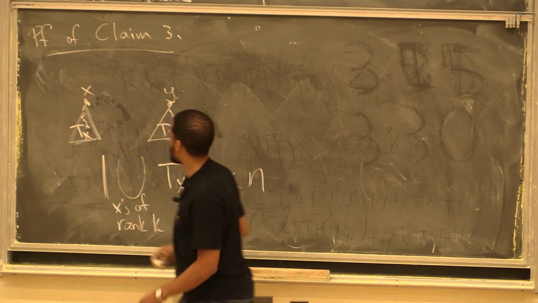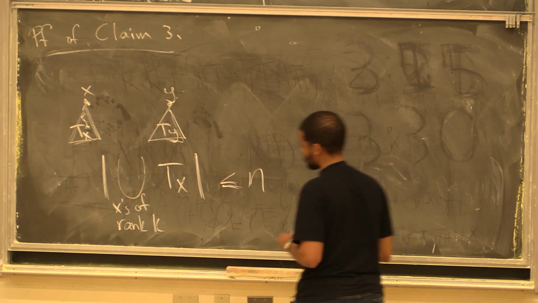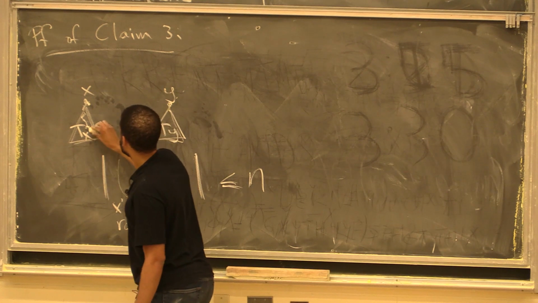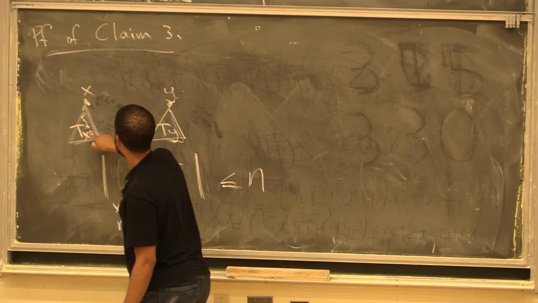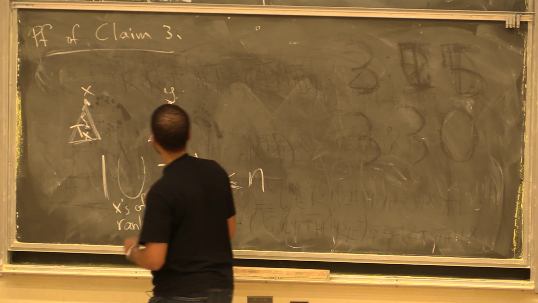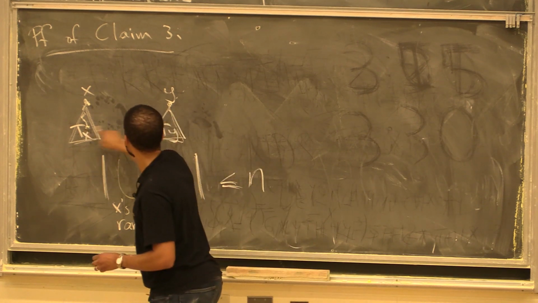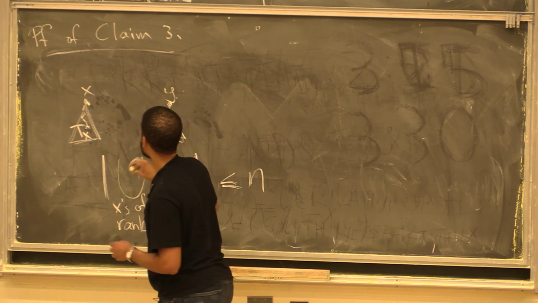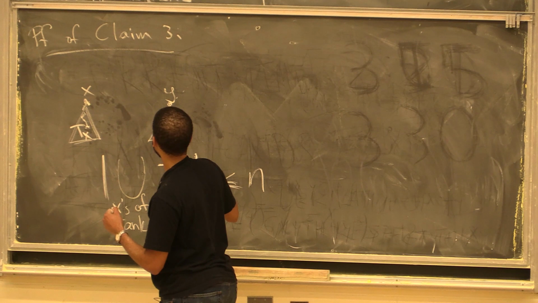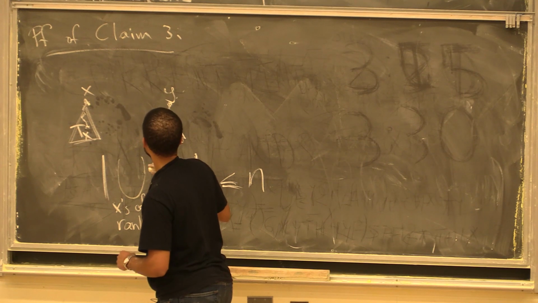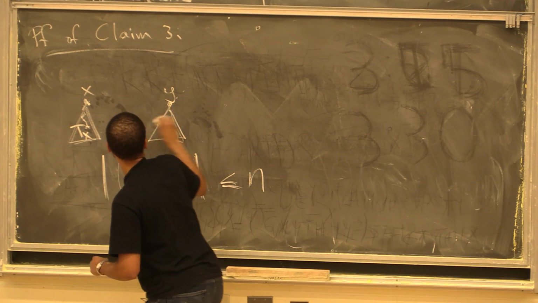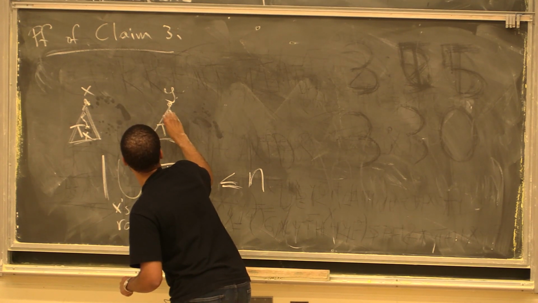The only way that X could ever end up in this tree means that at some point there was some sequence of unions where X's tree now is under Y.